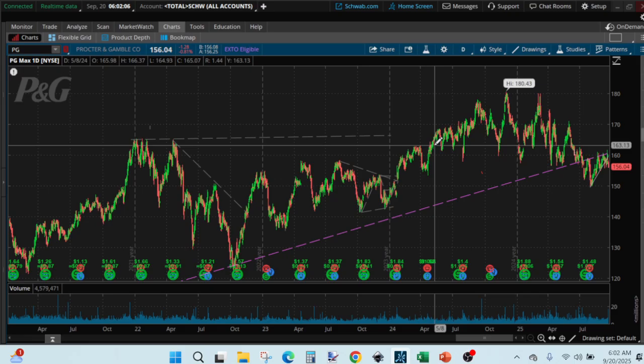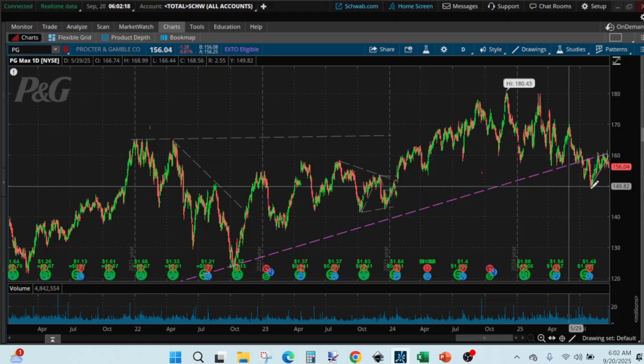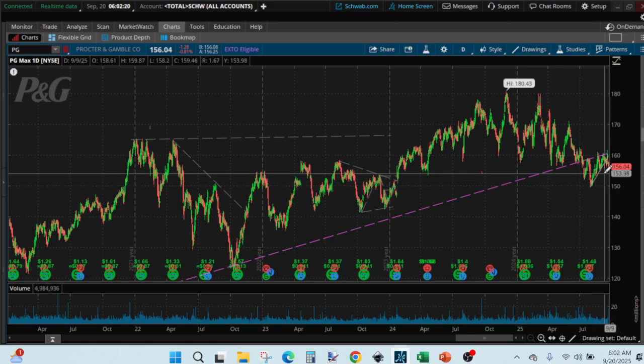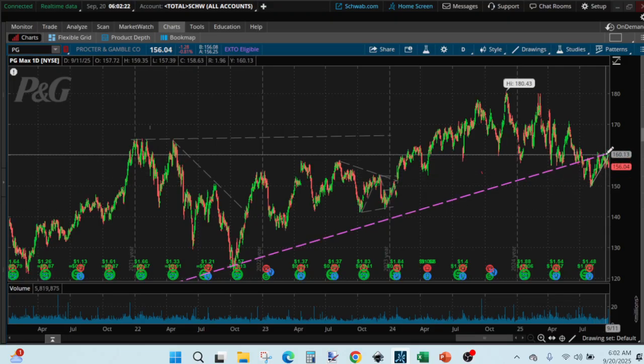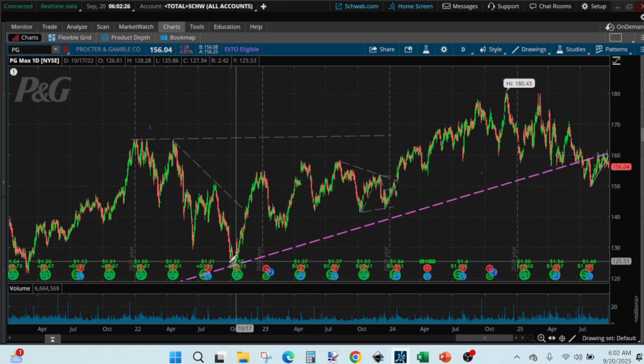So that is how you spot a pullback to the trend line that you like to buy at, and make a decision if it's time for you to buy some shares or if you prefer to wait. At the entry point, you can compare how the price is behaving there to the previous time.